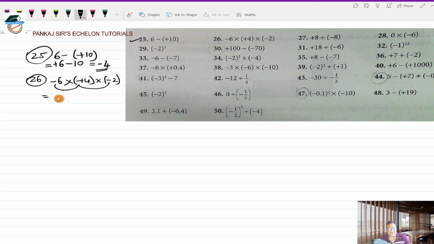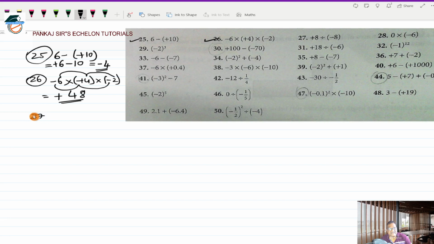So my final answer will be plus, the sign will be plus. Now let us multiply the numbers. 6 into 4 is 24, 24 into 2 happens to be 48. So my final answer is plus 48, and that's absolutely correct.